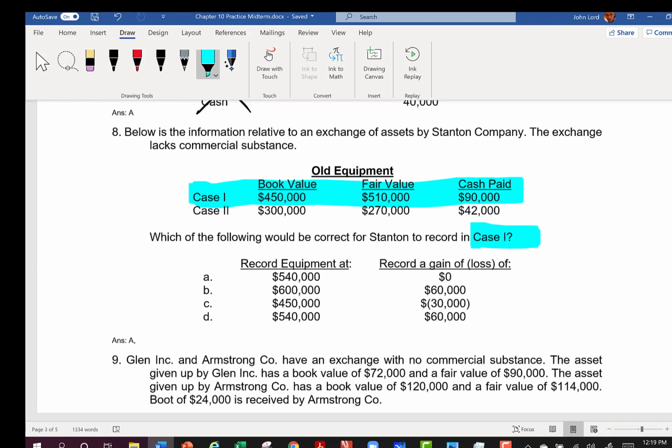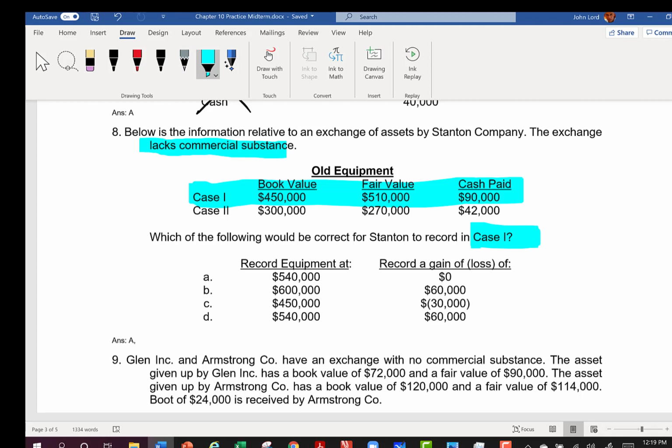What should Stanton record? Since the transaction lacks commercial substance, I know that I'm not going to take any gains. I take that back, I messed up my rule. Let's retake that.